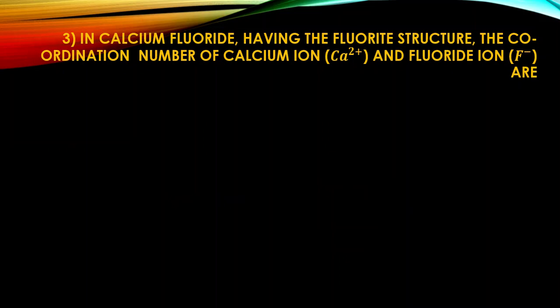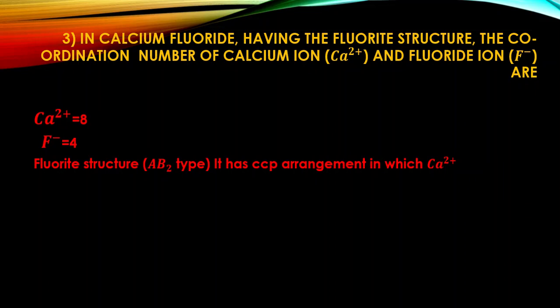Third question. In calcium fluoride CaF2 having the fluorite structure, the coordination numbers of calcium ion Ca2 positive and fluoride ion F negative are? At first, Ca2 positive is equal to 8 and F negative is equal to 4. So that is the calcium fluoride structure. This is an AB2 type.